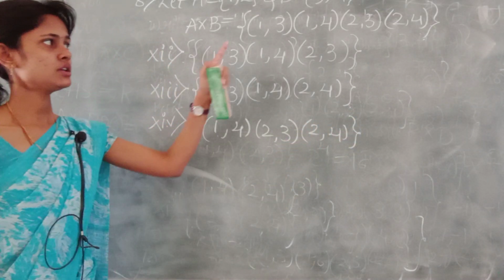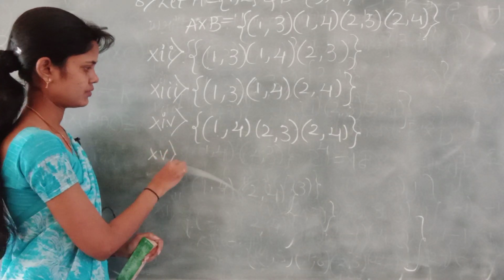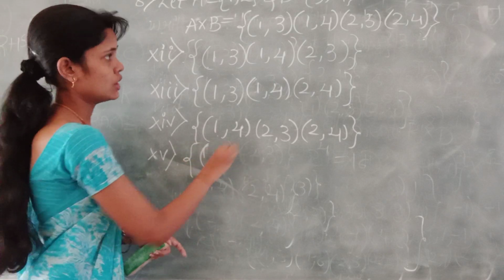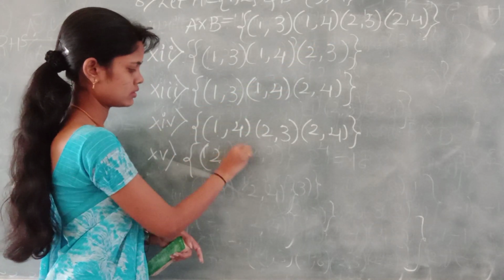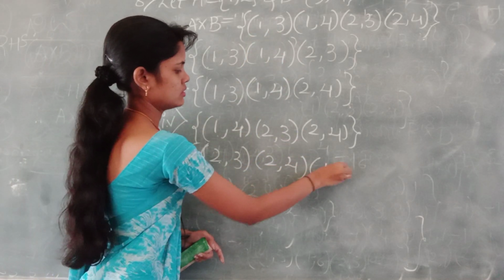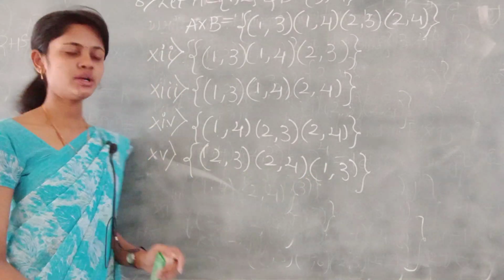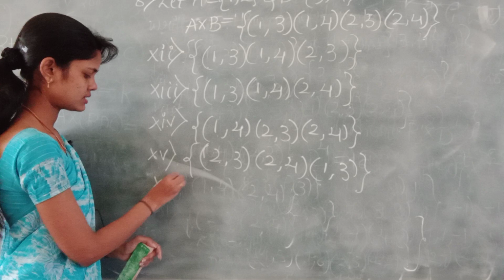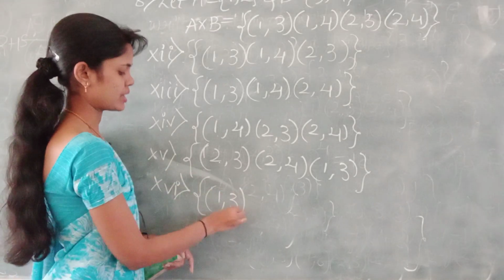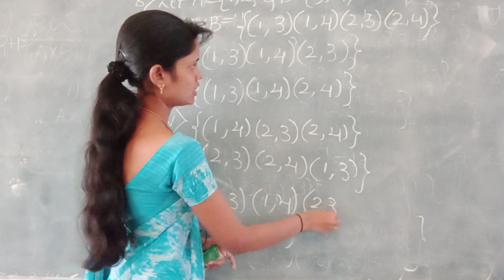Then the 15th: 2, 3, 2, 4 and 1, 3. Right. So this is the set containing 3 ordered pairs. So what are we left with? The 16th one, the set containing 4 ordered pairs: 1, 3, 1, 4, 2, 3 and 2, 4.